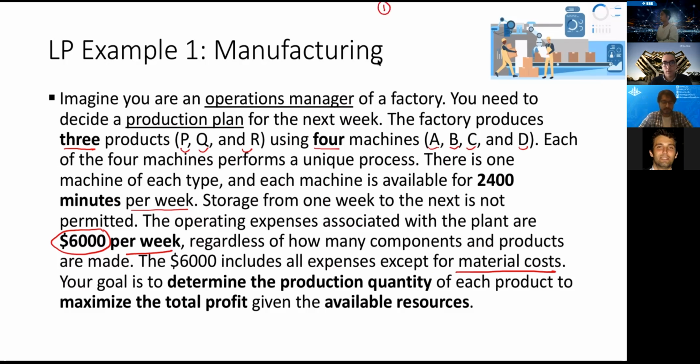Let me see the chat box. Yes, Mark, okay. Let's start with our decision variables. Mark, you're so fast. Maybe wait for other people to answer a little bit. No problem.